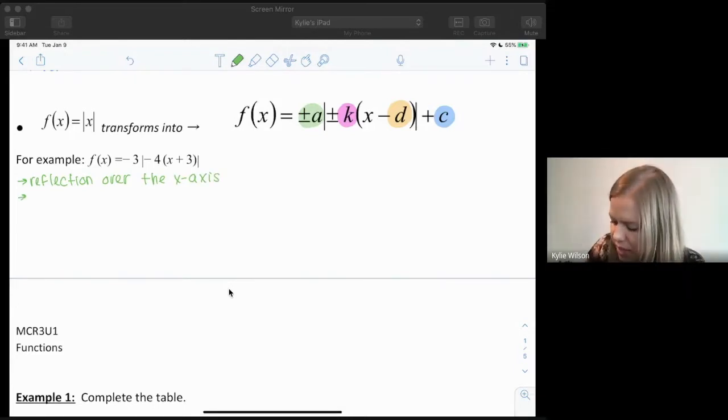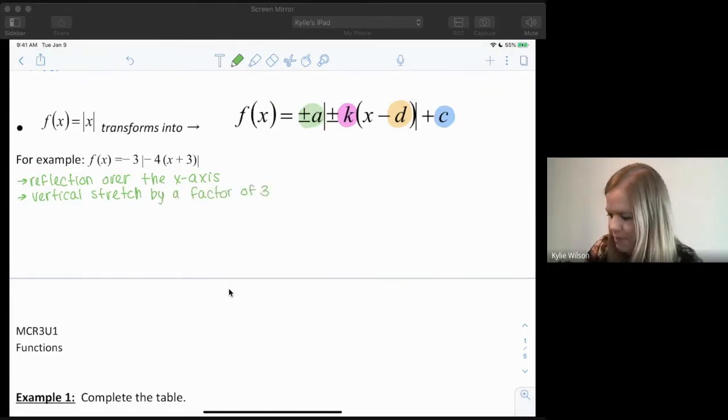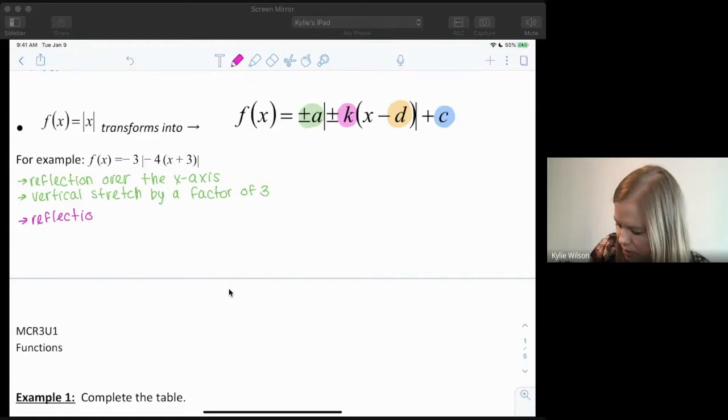So the 3 is a vertical stretch by a factor of 3. Next, let's look at our K. So K here is -4. So because K is negative, we have a reflection in the y-axis.